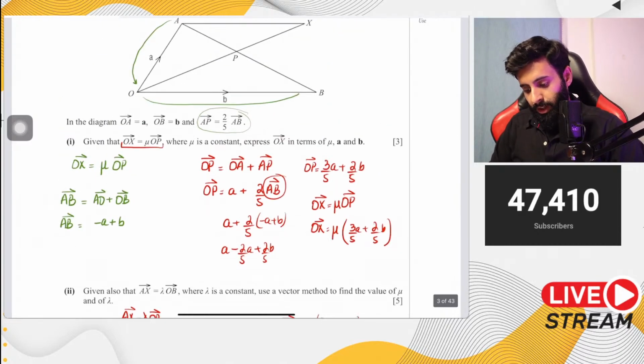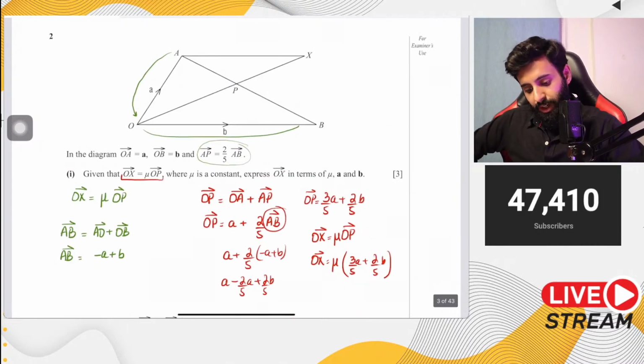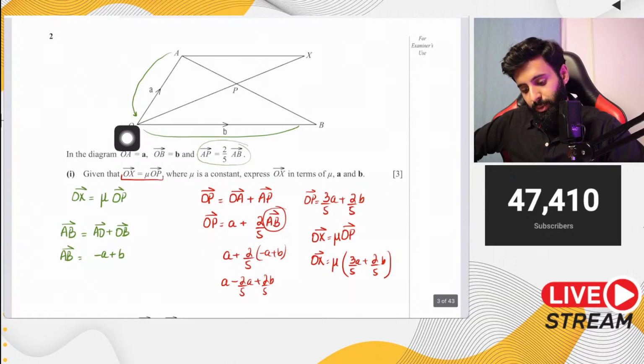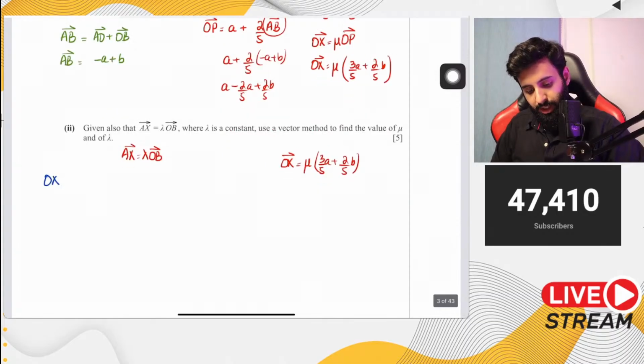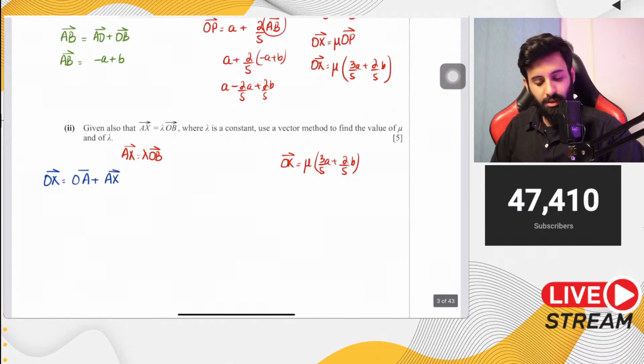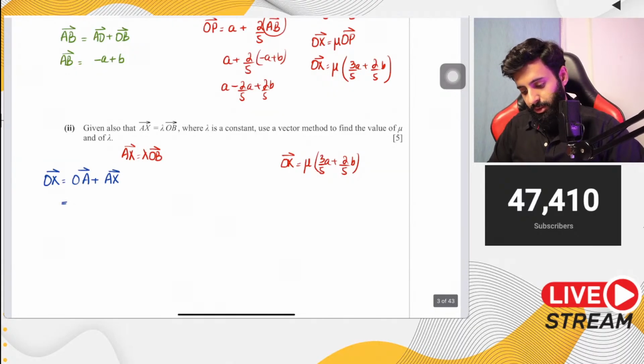How can I find OX? I can find OX again by simply doing OA plus AX.